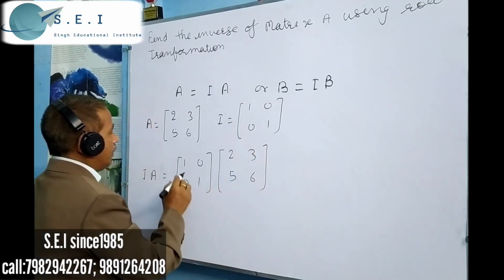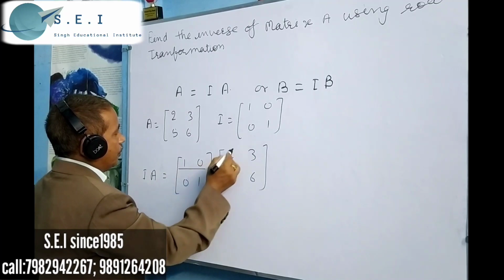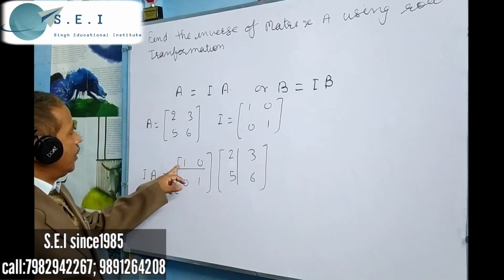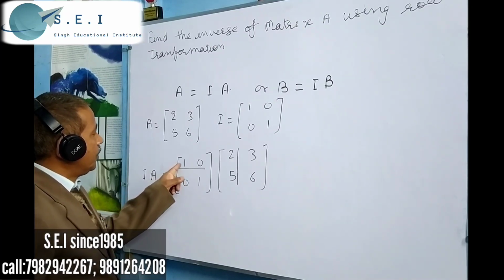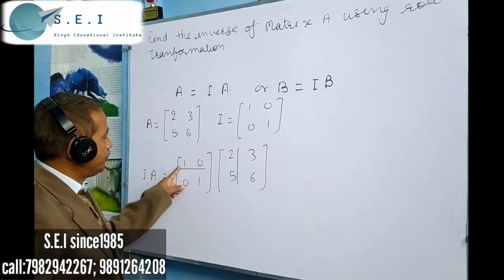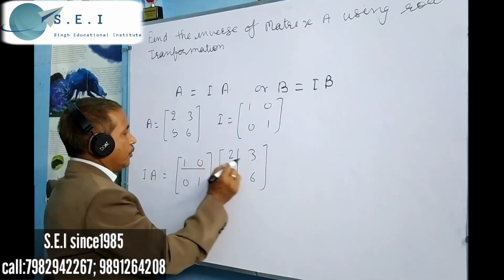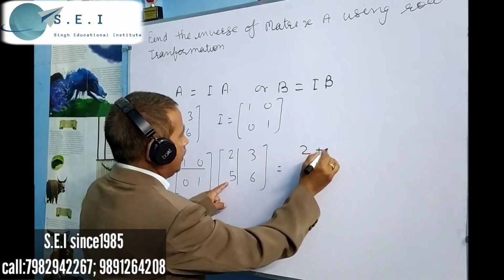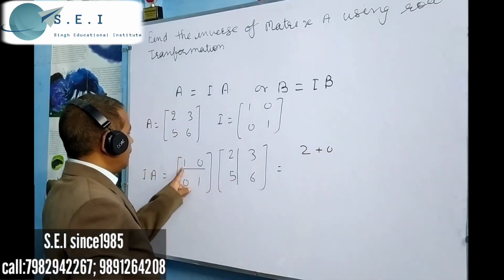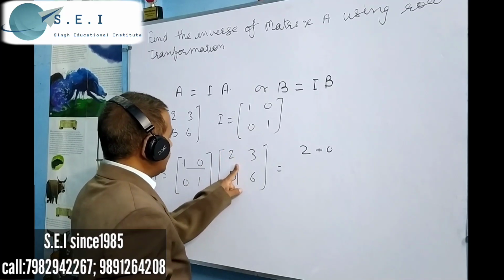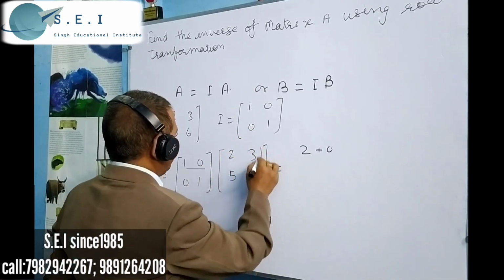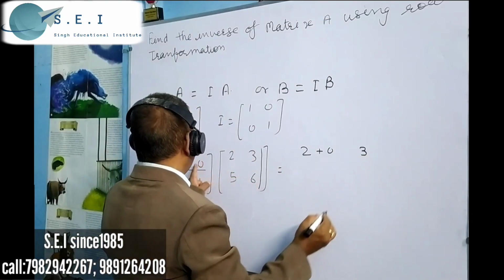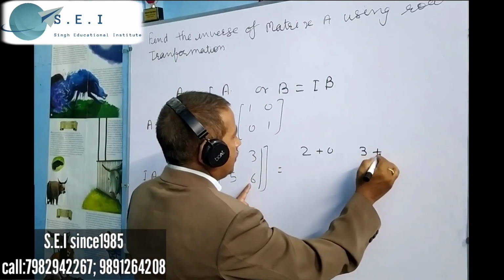Then what do we get? Multiply the first row with the first column by their corresponding elements. So 1 multiplied by 2 gives 2 plus 0 multiplied by 5 is 0. Next, the first row is multiplied by the second column. So 1 multiplied by 3 gives 3 and 0 multiplied by 6 gives 0.